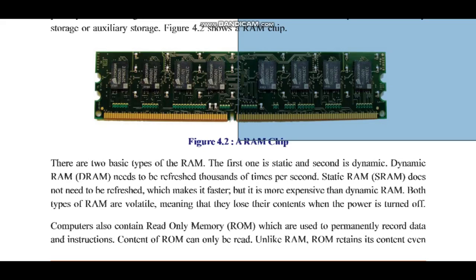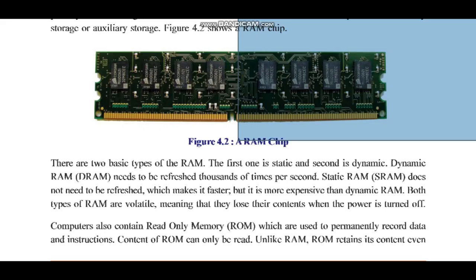Firstly, dynamic. Dynamic RAM means DRAM. DRAM stands for Dynamic Random Access Memory. It needs to be refreshed thousands of times per second. And static RAM, meaning static random access memory, does not need to be refreshed.